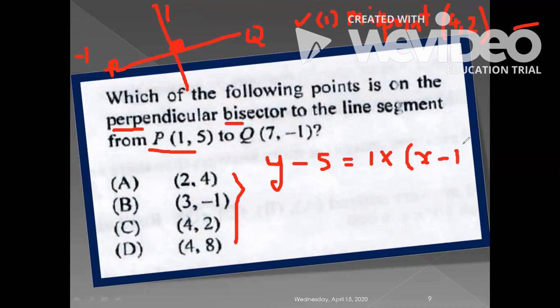Anybody remember me doing this? Or did I put the x minus 1 as a denominator and then put everything equal to the gradient?